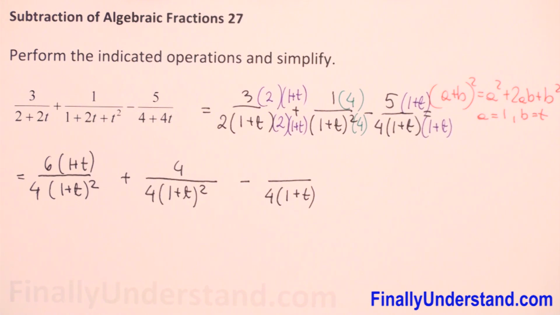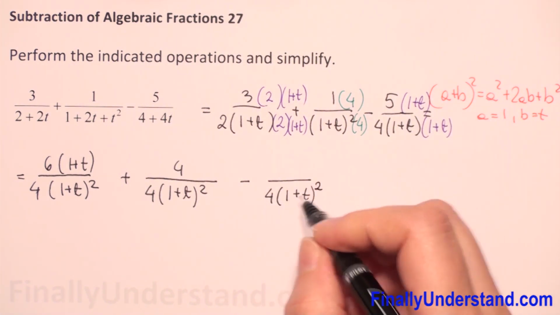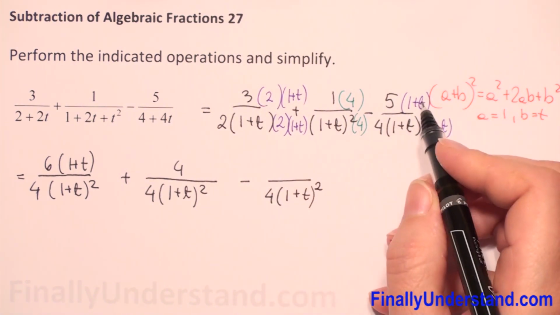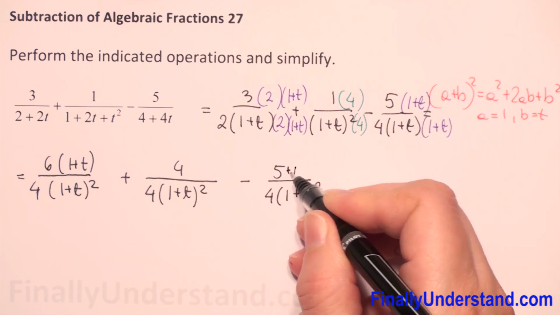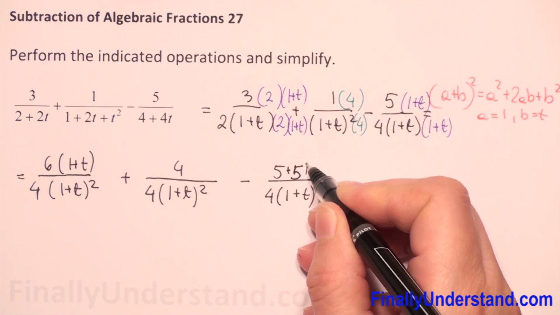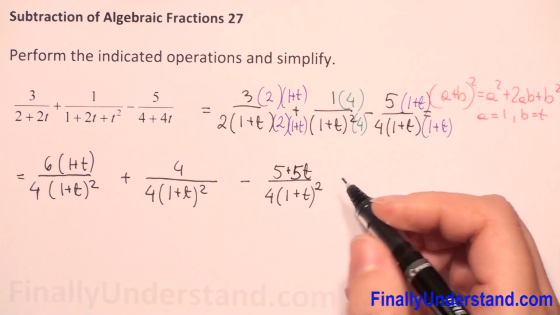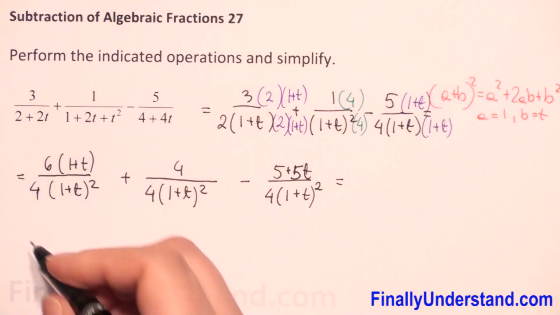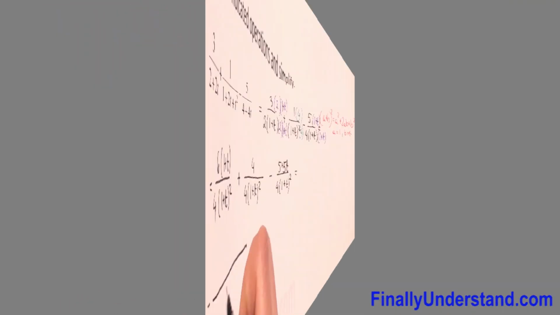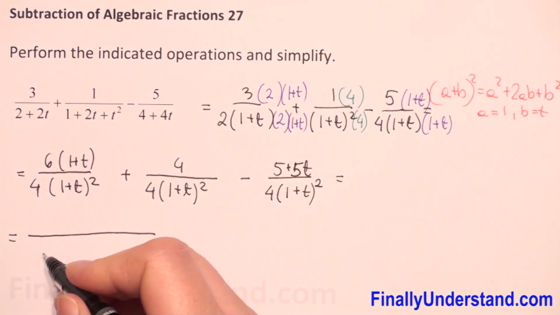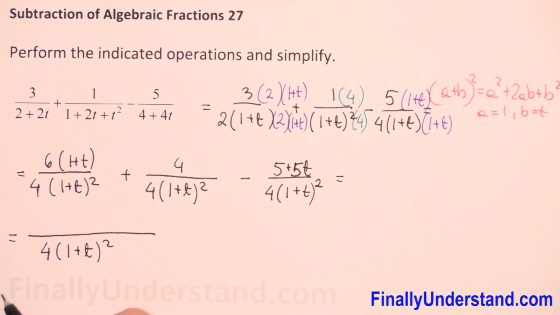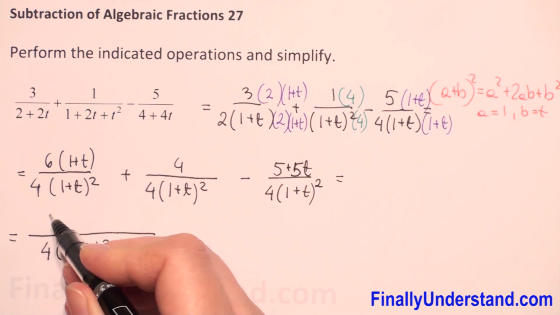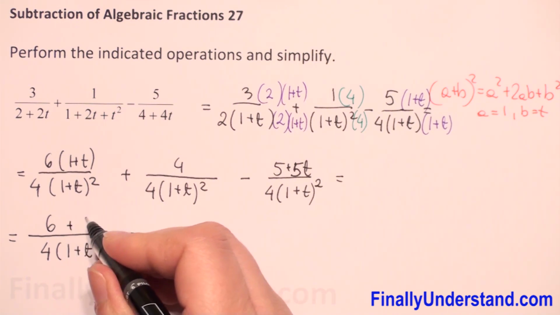So now we have 5 times 1 is 5, 5 times t is 5t. So this is equal. Now when we have the same denominators, we can put one fraction bar, copy the denominator, and we have 6 times 1 is 6, 6 times t is 6t.